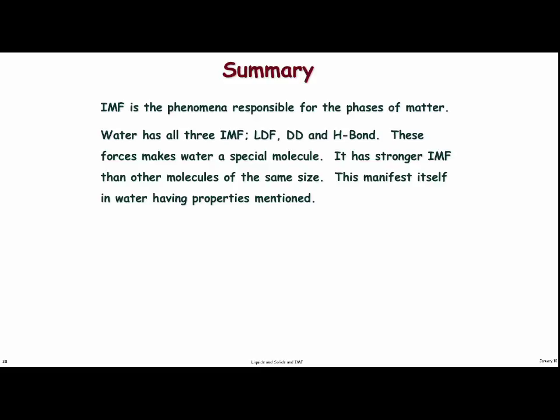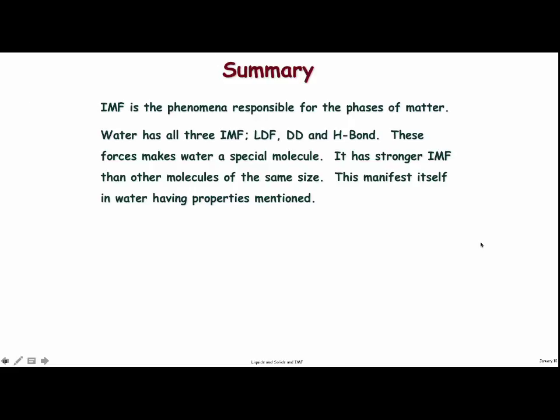The major types of intermolecular force we studied are London dispersion force, which is induced dipole, and all chemicals have London dispersion force as long as they have electrons. We've talked about dipole-dipole, DD, and this is between one polar chemical and another polar chemical. Only polar chemicals will have dipole-dipole.